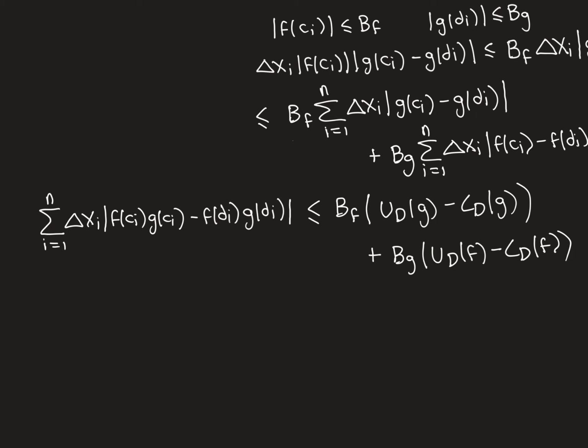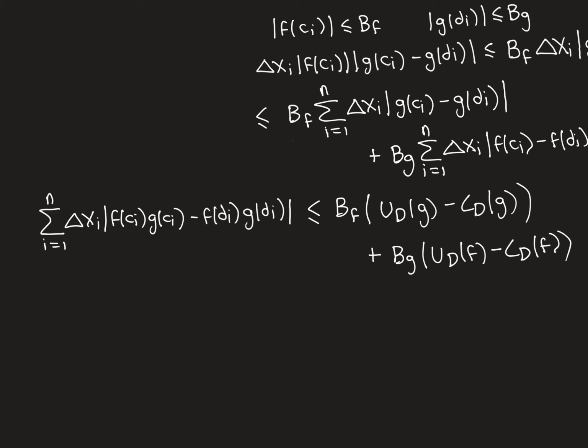Also note that our derivation of this inequality did not put any requirements on the sequence of c points or the sequence of d points, apart from, of course, that they're in the correct subintervals, but that's part of the definition of the c and d points. So actually, for any choice of c points and d points, you would be able to derive this inequality, and hence, it's actually true that this value is greater than or equal to any one of these sums.